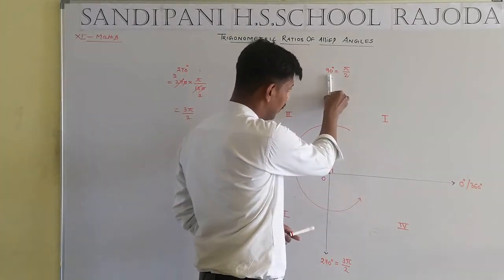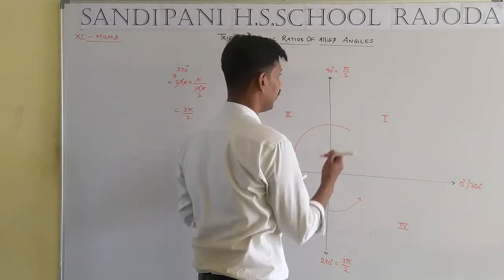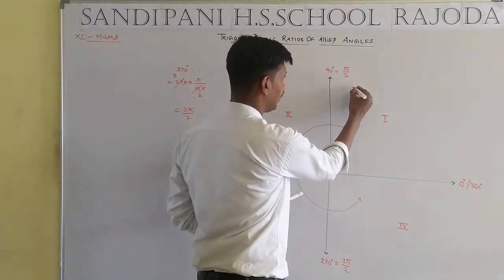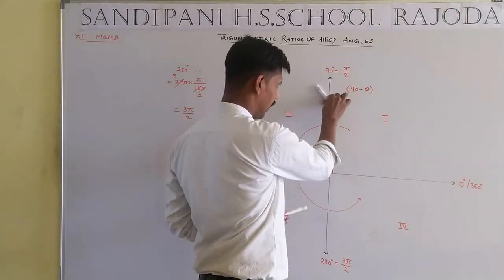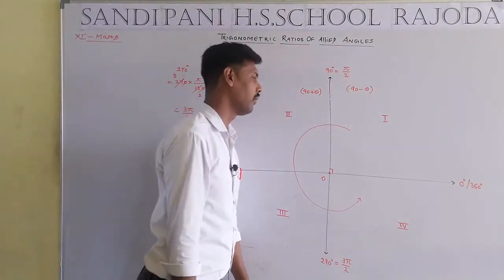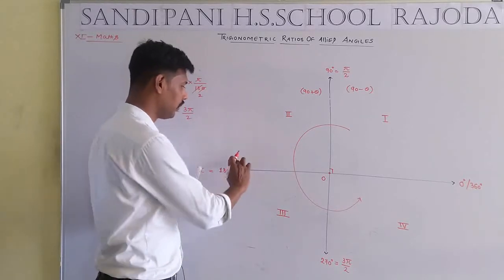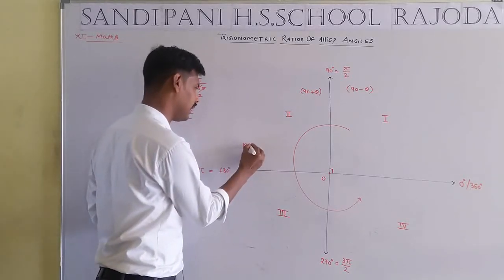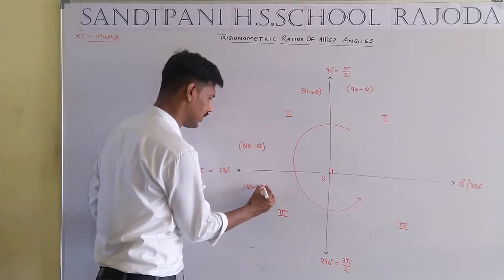If we subtract from 90, we move anti-clockwise, in the backward direction, 90 minus theta, and 90 plus theta. In the case of 180 degree, if we subtract anything from 180 we go in reverse, that means 180 minus theta and 180 plus theta.